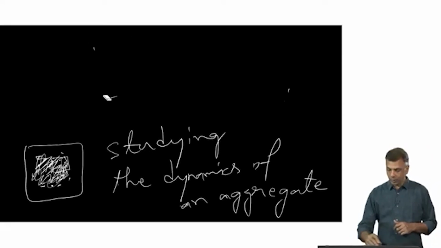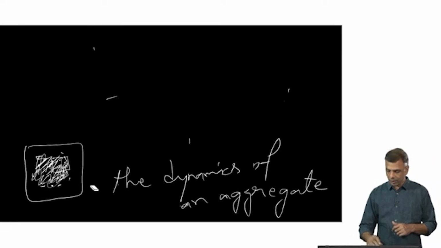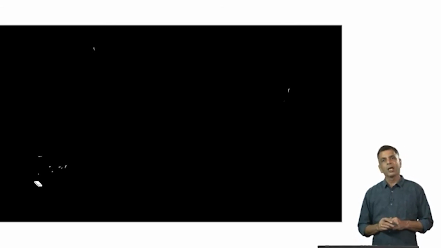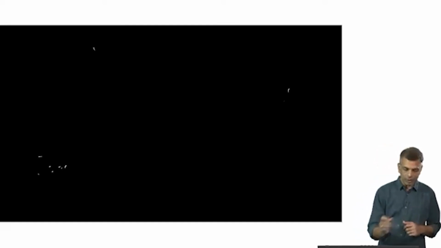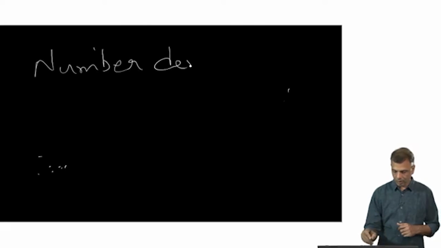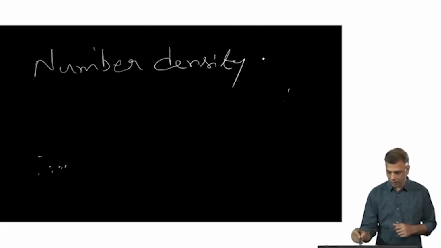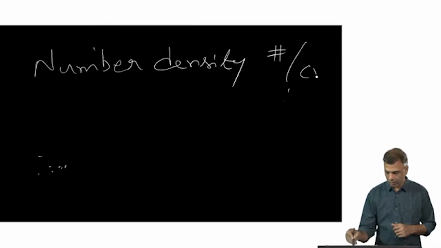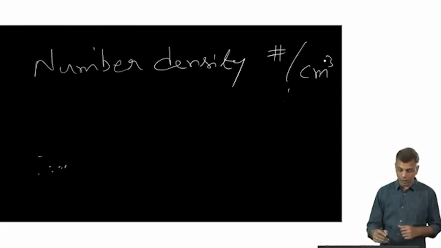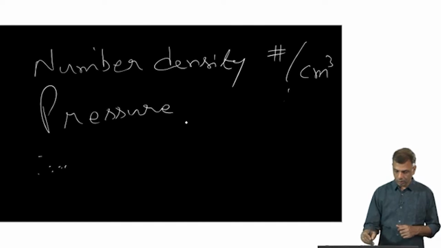Before doing that, I want to say a little bit about how, like we said, we are not following the dynamics of each individual particle. We are following the dynamics of the continuum. But things like number density, which would be a number per, say, centimeter cubed or meter cubed, depending upon what your favorite convention is, or things like pressure, temperature.